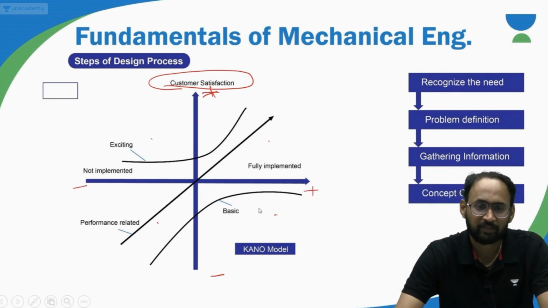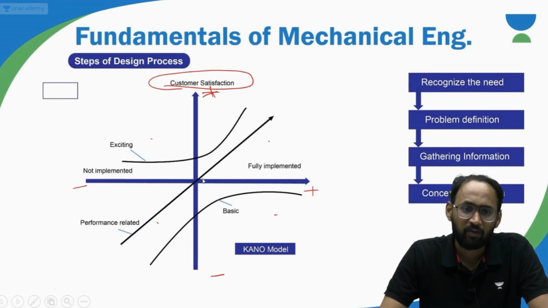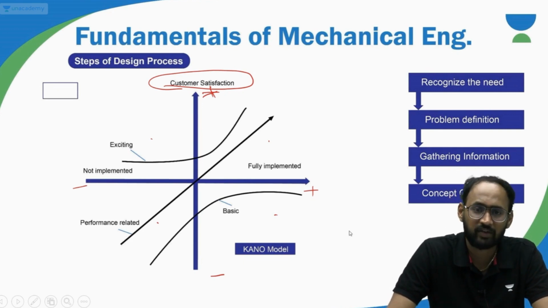Okay, so if you want to get into a performance related model, a performance related model is something where you balance both your customer satisfaction and your feature implementation.